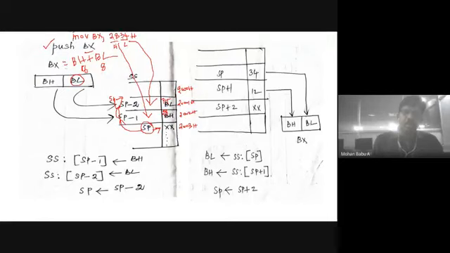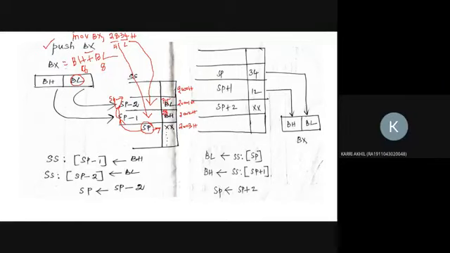Next, it will store the lower byte. The lower byte is 34. It is stored in the lower address. Now the stack pointer has moved from this location to this location. The stack pointer is nothing but it will point to the address location on top of this stack. Which number is located on top of this stack?